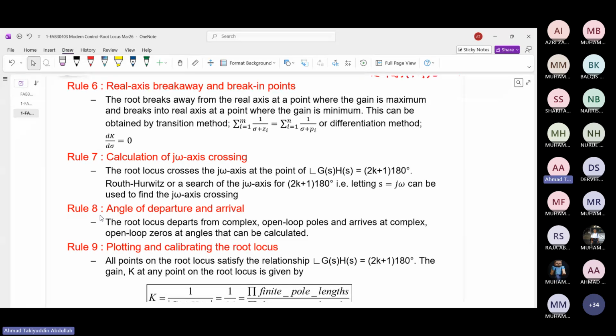Maybe you do not need to have rule number 7. Maybe you do not need to have rule number 8. There will be such a possibility whenever you want to come out with the actual plot. So it is optional, but the optional will depend on what we have for the system.